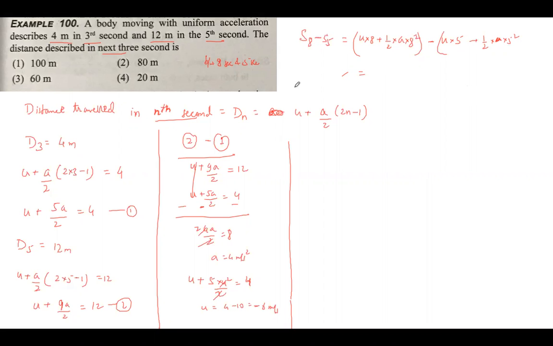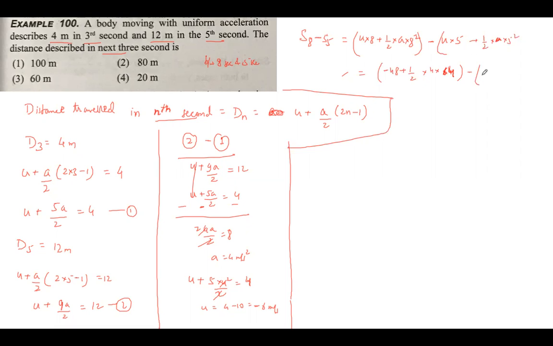So this will be equal to 8 into -6, -48, plus half into 4 into 64, minus u into 5.